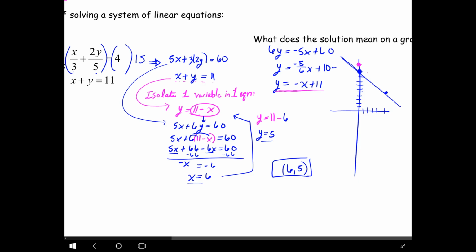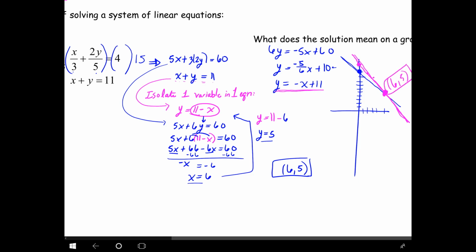So I would go down 1, right 1, down 1, right 1, and so on. I know that I don't have a straight edge with me on my surface, but we would see that they would intersect at the point (6, 5).